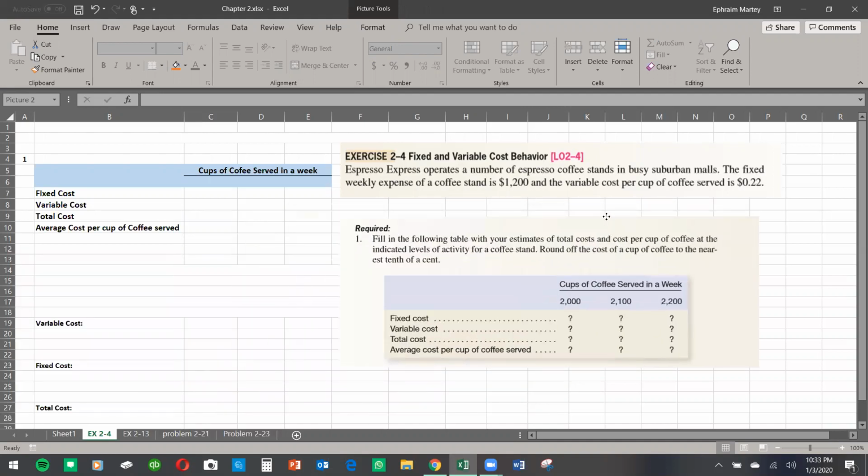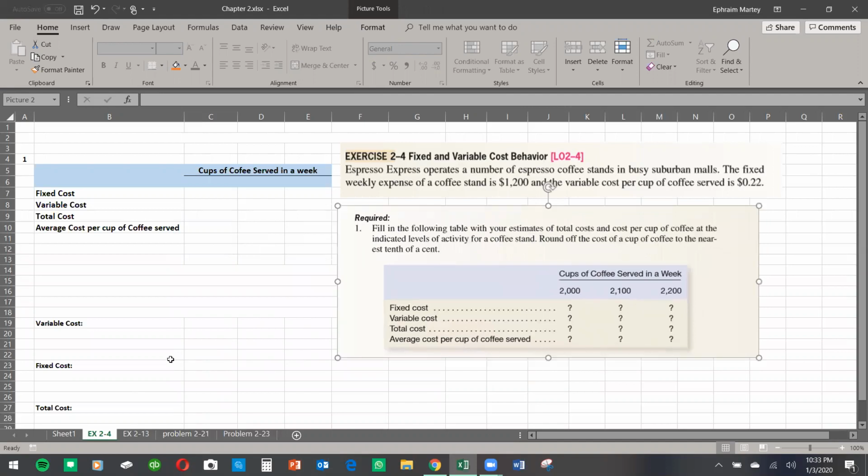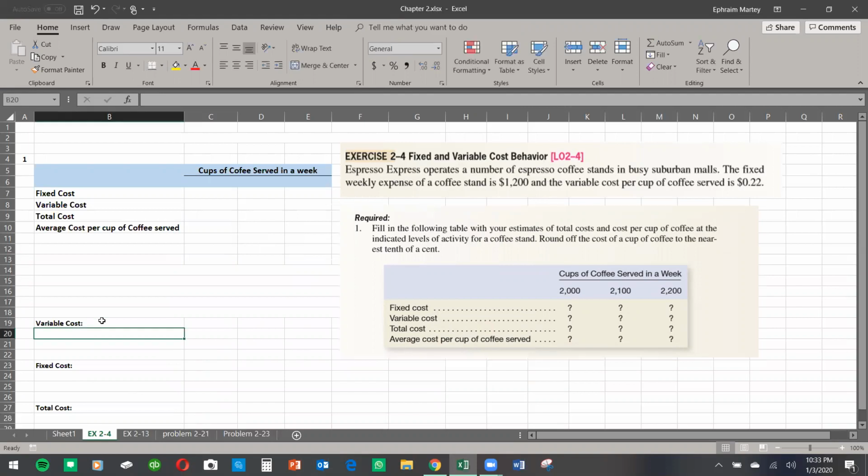But before we begin, let's explain a little bit of what variable cost, fixed cost, and total cost are. When we talk about variable cost, bear in mind that the total varies. With variable cost, the total varies, but per unit is constant.